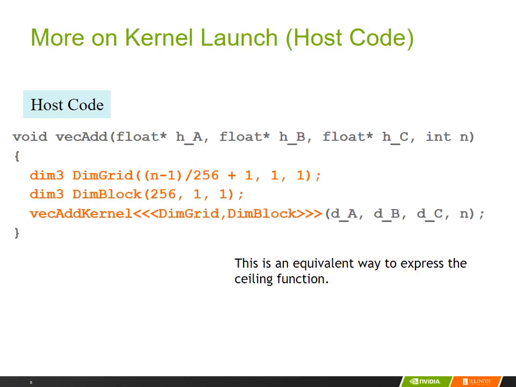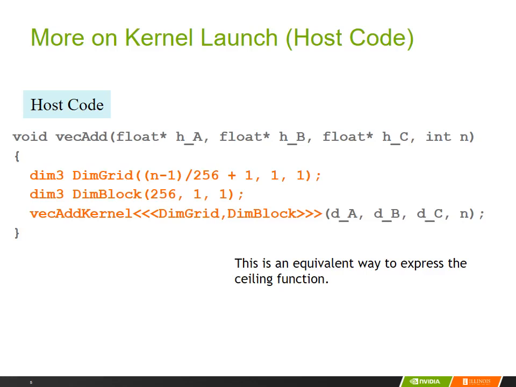The developer may actually choose to initialize the number of thread blocks and the number of threads in a block in a separate statement. In fact, what we had in the previous slide is a one-dimensional case. So by providing one value in each of the parameter positions, we assume that that value is going to be used for the x dimension of the three-dimensional variable.